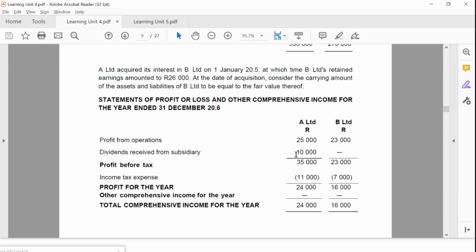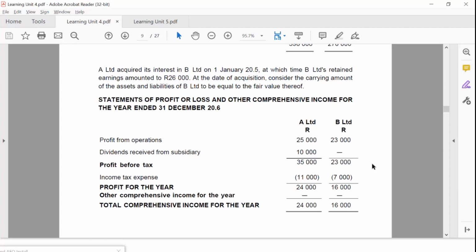Do you understand? Only 8,000 goes to the parent because it's partly owned. You only own 80% of me, and the 20% goes to the non-controlling interest, NCI. But because in this case it's a wholly owned subsidiary, 100%, all the 10,000 that was paid gets paid to the holding company or the parent company.